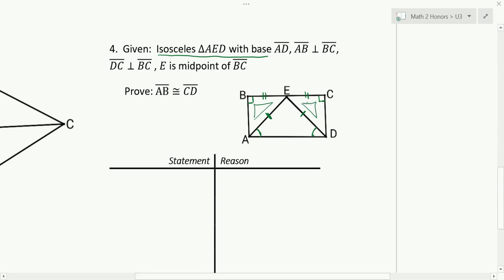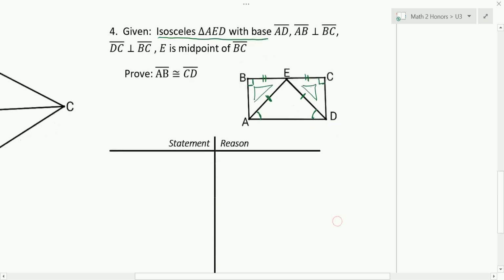And so when we start our proof, we start with the given. So let's write that out. So we got an isosceles triangle AED. We have AB perpendicular to BC and DC perpendicular to BC.